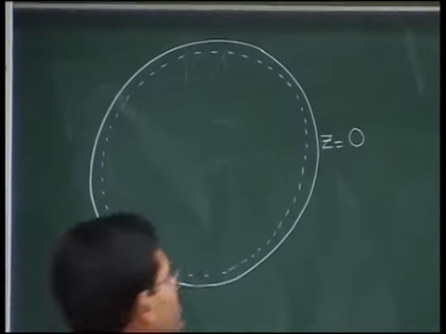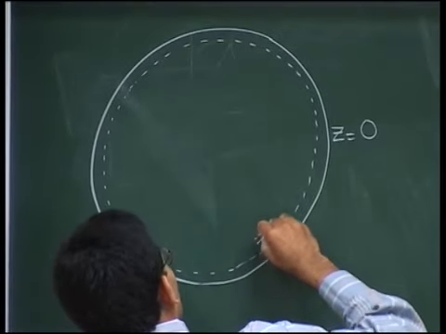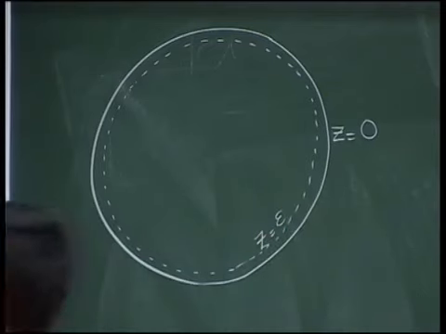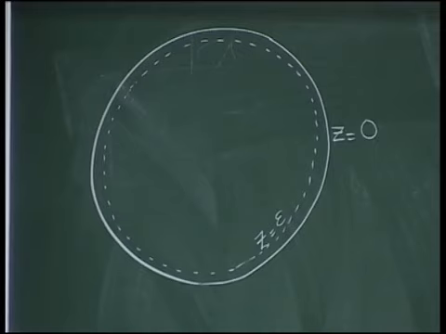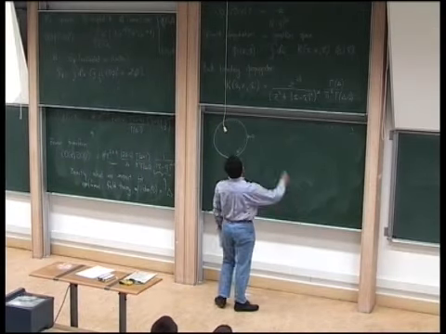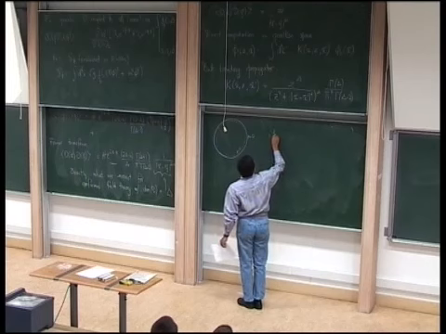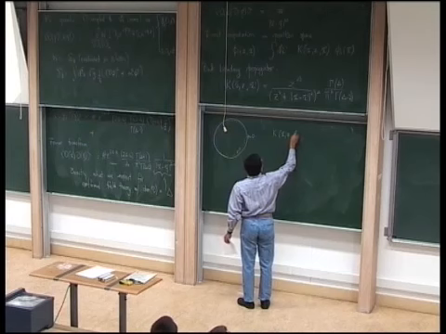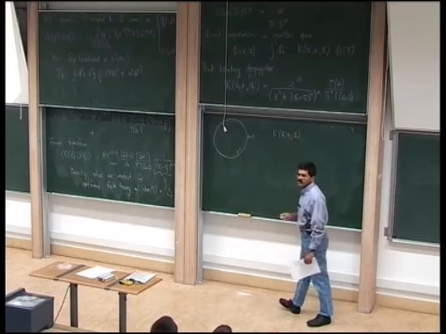The boundary was at z equals 0, but I implemented a regulator at z equals epsilon to do this computation here. And the prescription is very simple. You should think of K at x prime as follows.